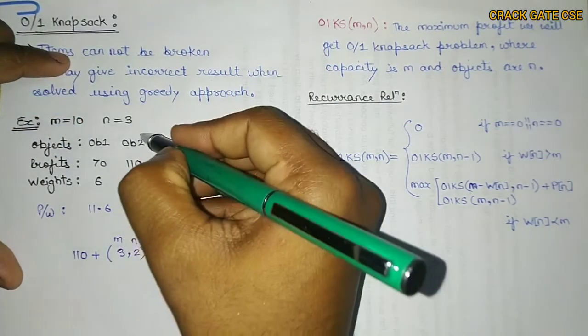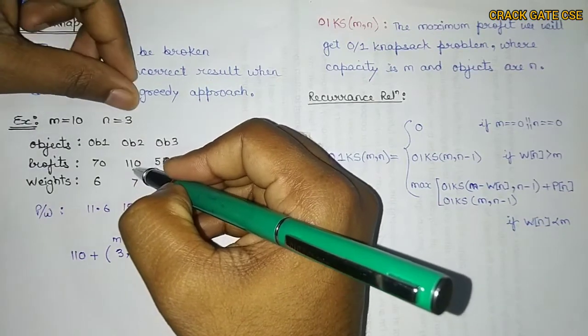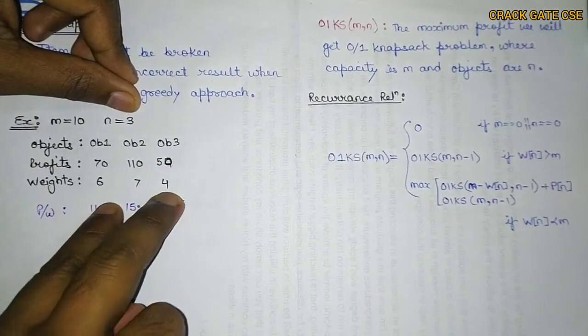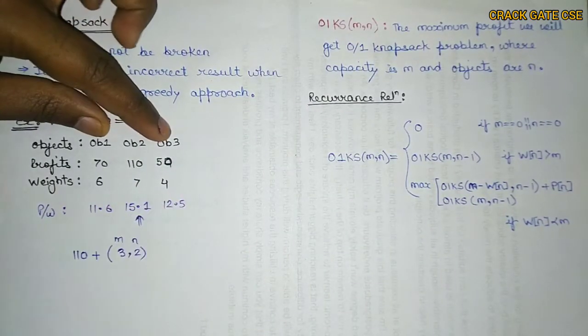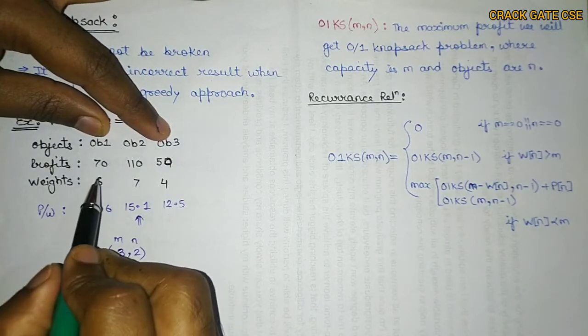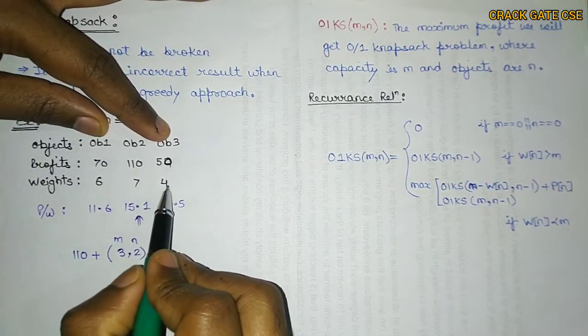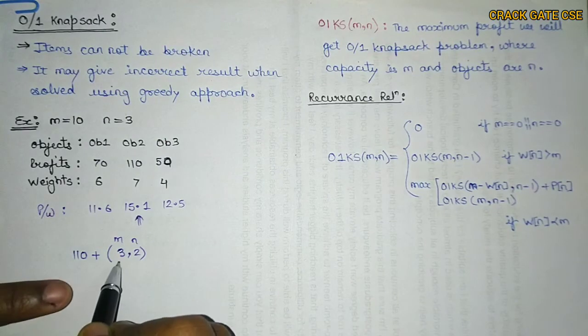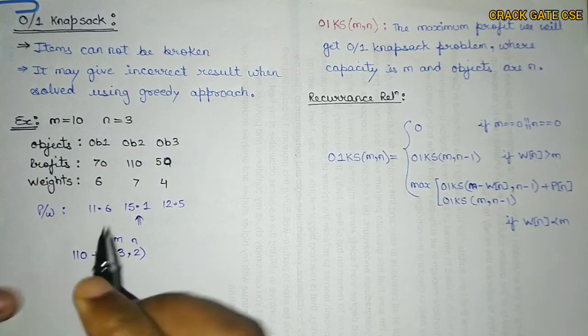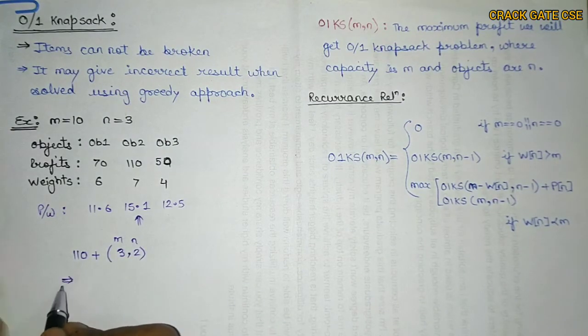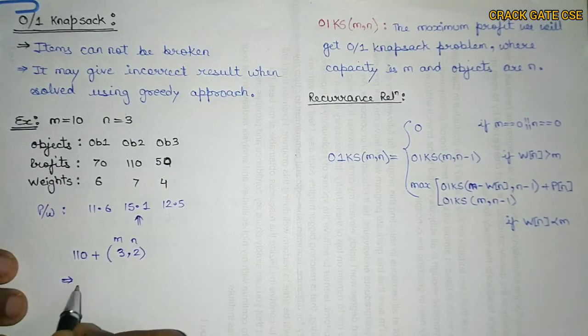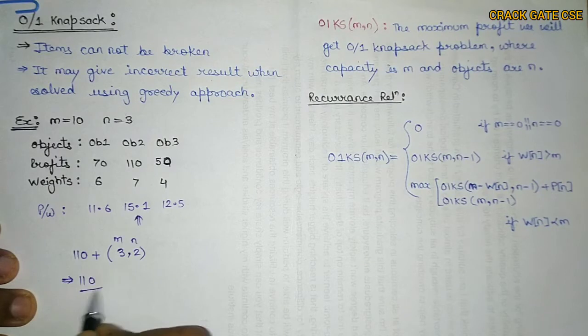Now as I took object 2, N is 2. Now I will apply it on object 1 and object 3. But here you can see that the weights of object 1 and object 3 are more than the capacity of the bag. That means the output which can be identified using the greedy approach is nothing but 110.